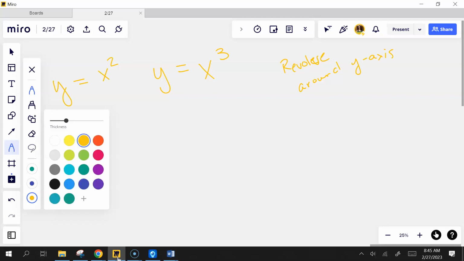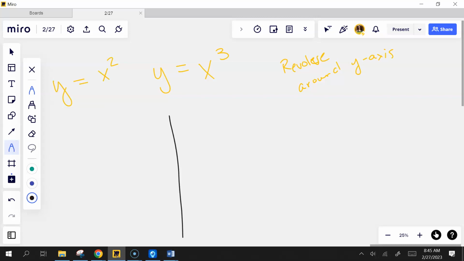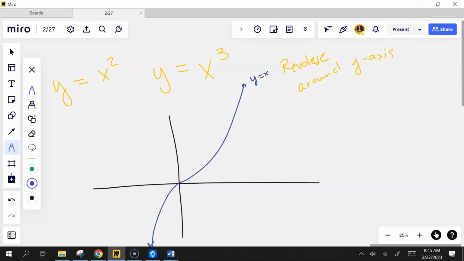Graph them first. It's always good to get a good picture. That helps me anyway. x cubed, and I'm going to go ahead and say the cube root of y is x, because I'm doing it in terms of y here on this one.